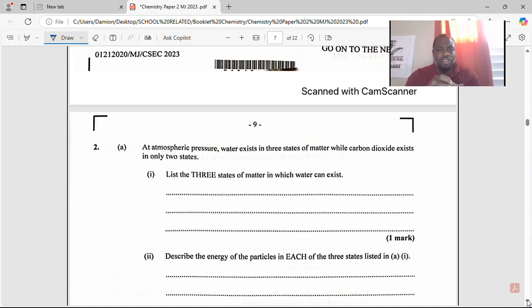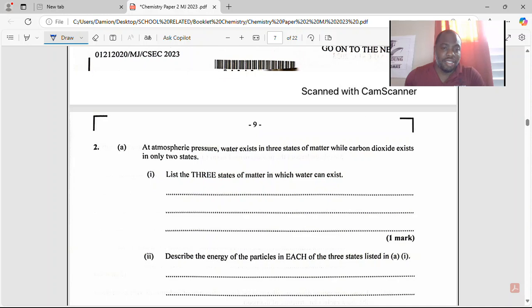So question 2 says, at atmospheric pressure, water exists in three states of matter, while carbon dioxide exists in only two states. List the three states of matter in which water can exist. And I want to mark that.